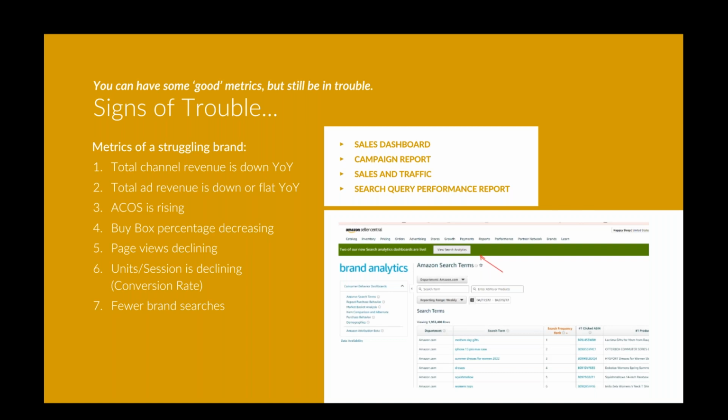And then the last one here, the search query performance report, is a new beta report that is under the brand analytics section in Seller Central. That's what that image below here is, and it actually links to a new page where you can look at searches or queries by keyword for your brand.